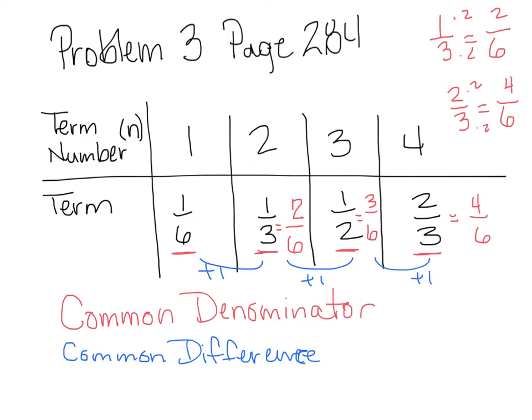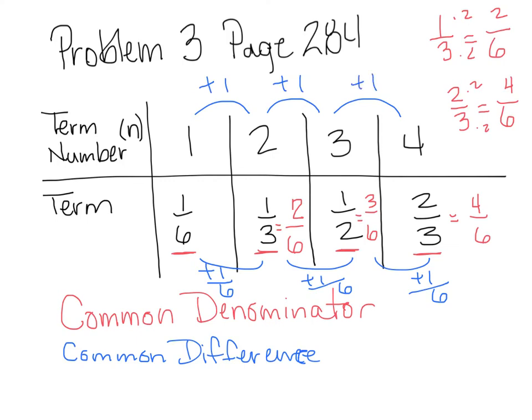The only thing is, now we've got to think about that denominator. I'm not actually increasing by 1 whole. I am increasing by 1/6 each time. So, and my common difference, of course, in the term numbers is constant with +1.